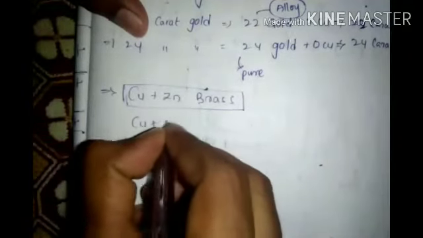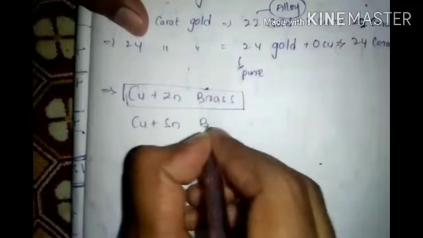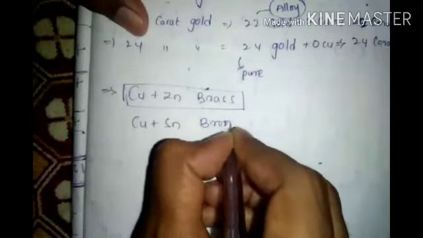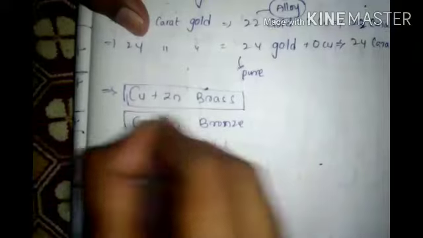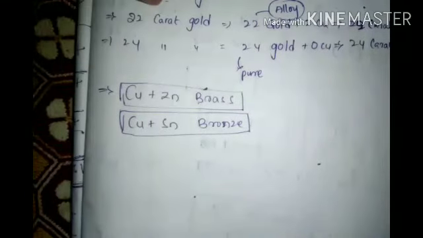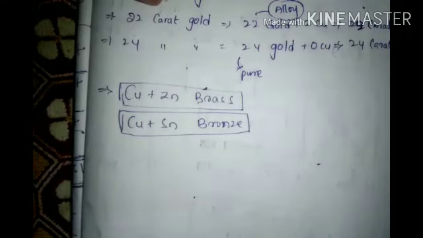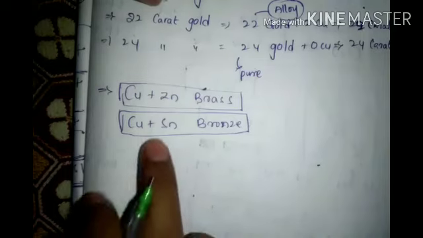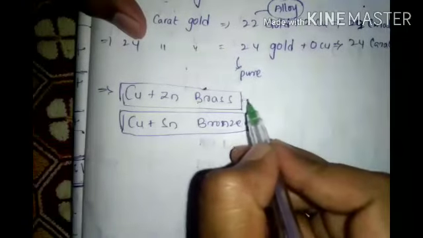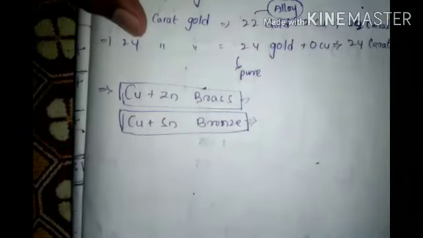Bronze, for example, is copper plus tin. Bronze medal, copper medal, brass medal, gold medal, silver medal, like this. Tin we are using here. These are the best alloys.